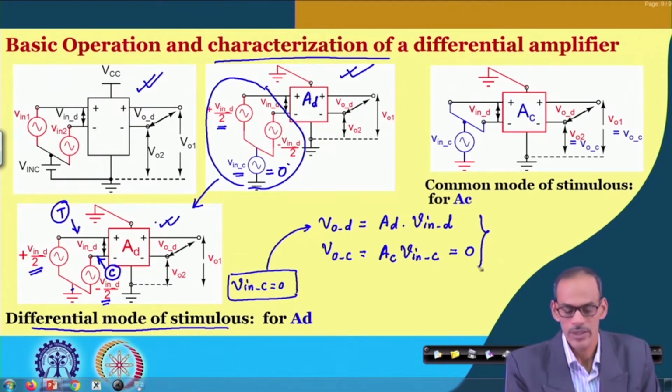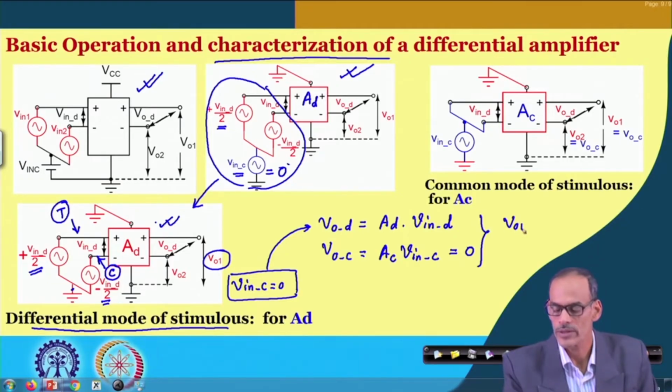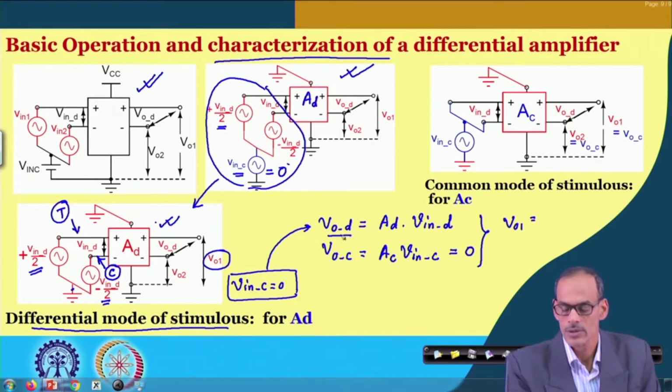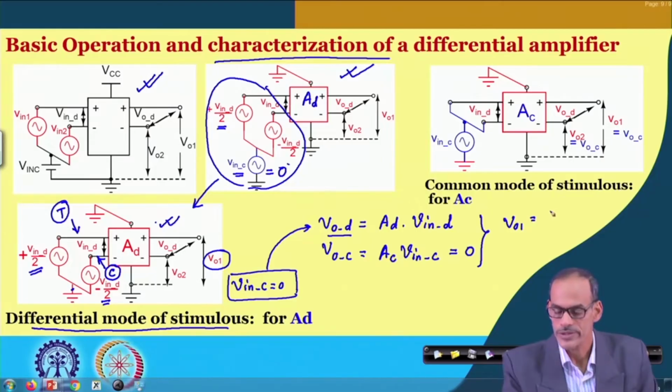As a result, if you see the individual outputs, say VO1, it is VOD by 2, and that is AD by 2 into VinD.